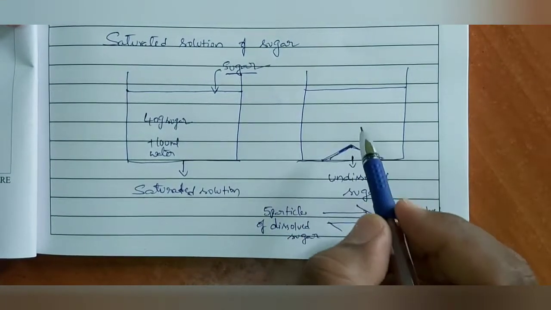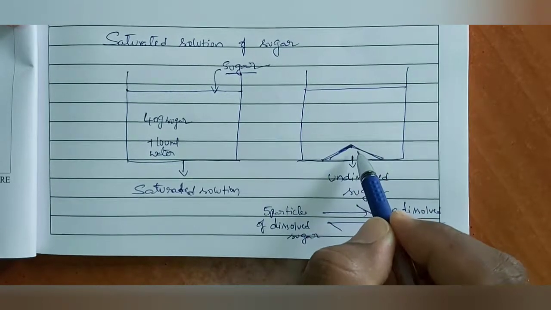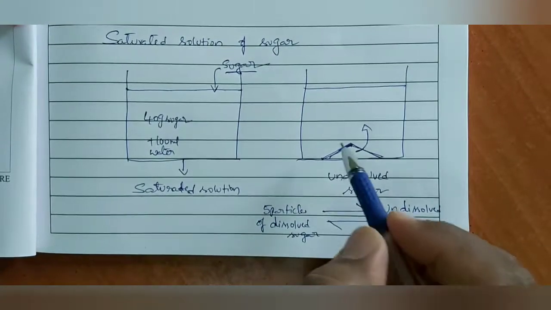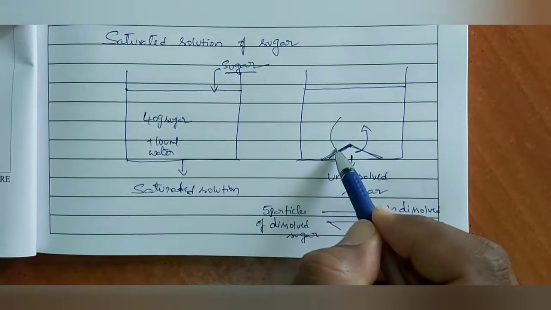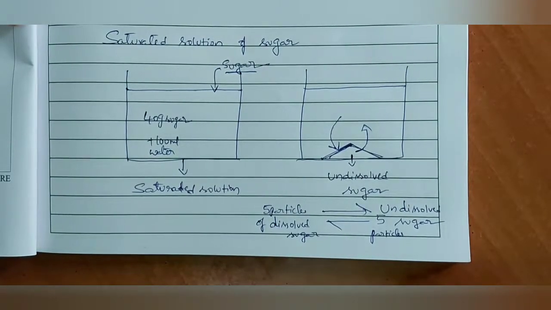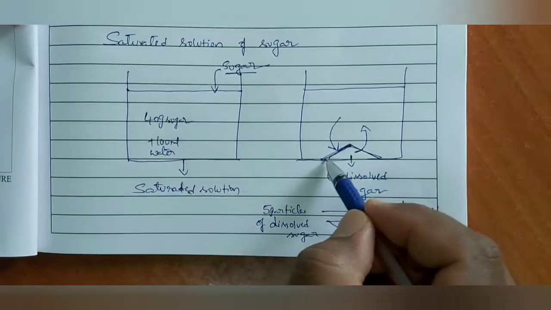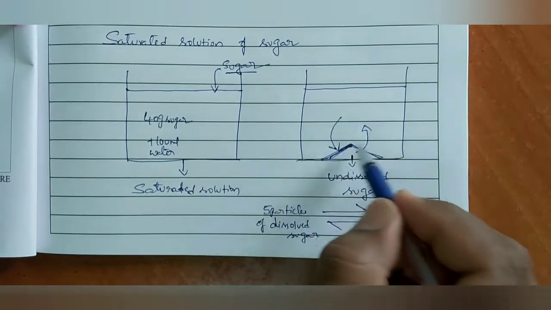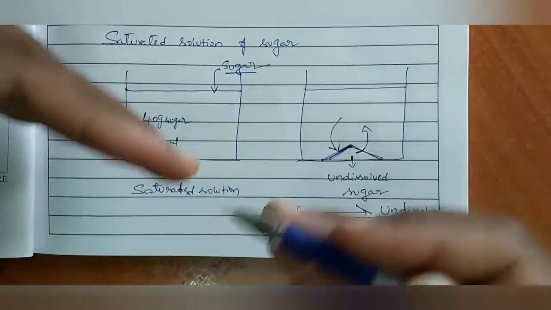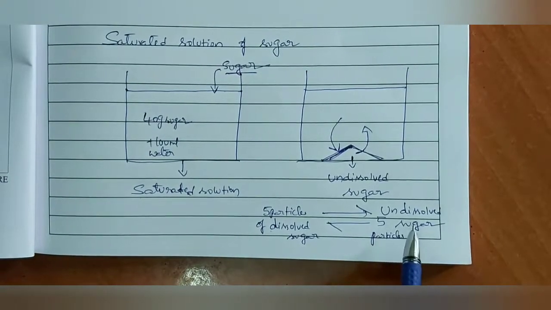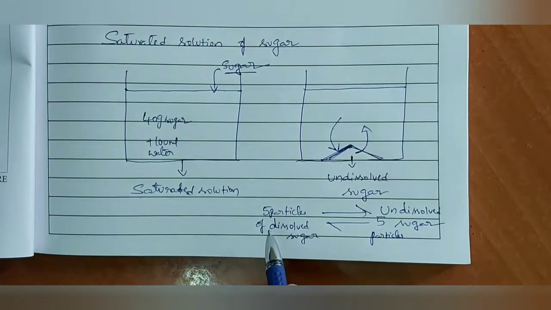Meaning these two are in contact only. Some dissolved particles will crystallize to form undissolved sugar, and some undissolved sugar particles will be converted to dissolved sugar. Like that, the forward process and backward process both take place. Dissolved sugar is converted to undissolved sugar, and undissolved sugar is converted to dissolved sugar, with the same rates.